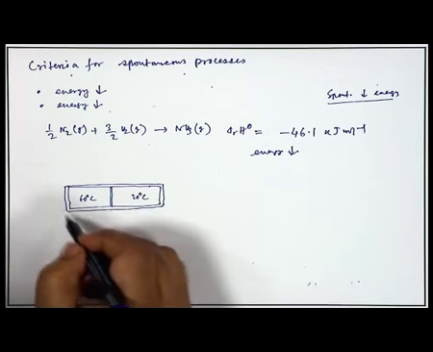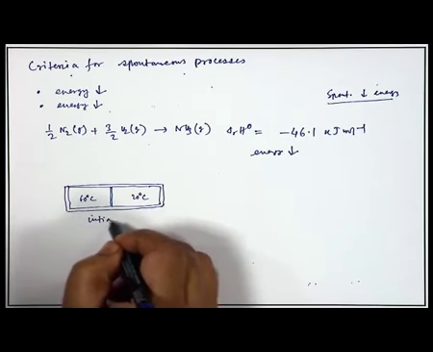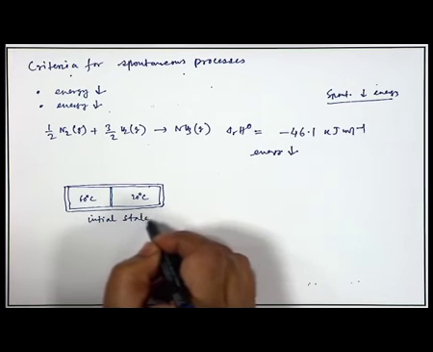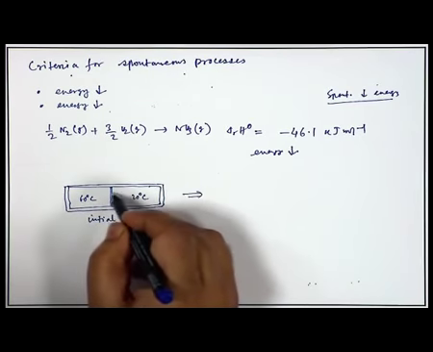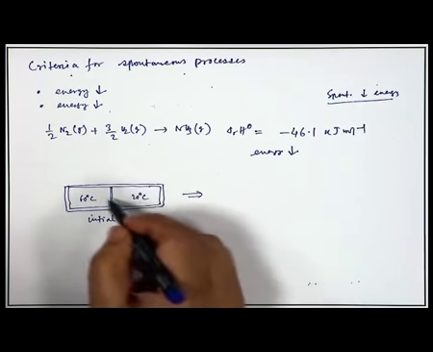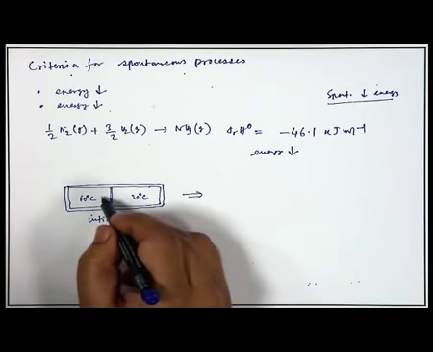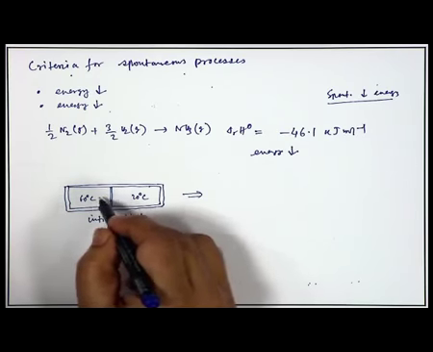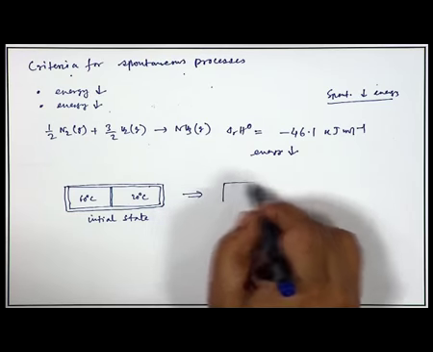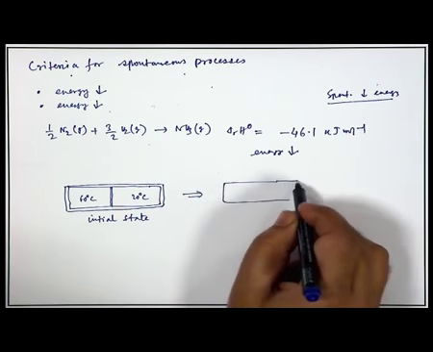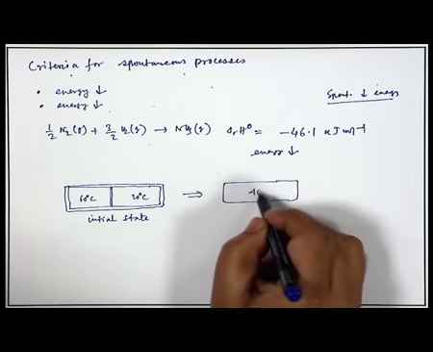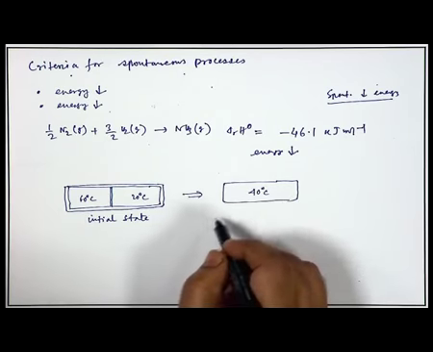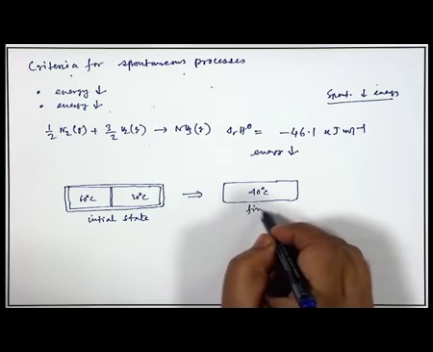That is my initial state. Now, if I remove the thermal insulator barrier, what will happen? There will be exchange of energy as heat from one side to the other, and I will have the entire slab at 40 degree. That is my final state.